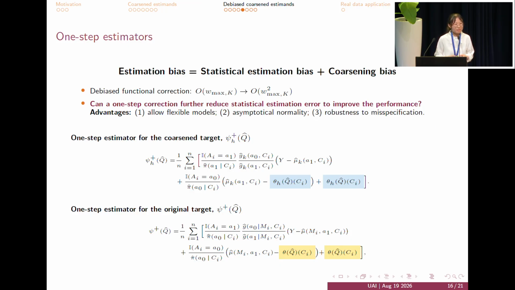So here we can write the one-step estimator for the quotient target and also for the original target. We have these two. They look complicated, but we only need to pay attention to the blue one. That is the quotient functional, and the yellow one is the original functional.